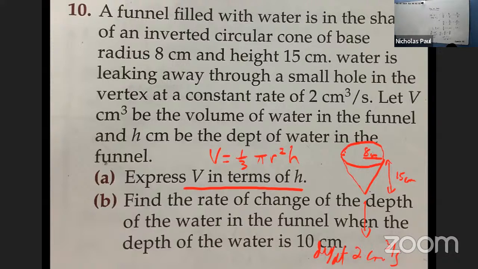To be honest, I don't know if they will give you that formula in the exam. So express V in terms of H, but you don't want r. So what to do? Yes, substitute for r. Correct.